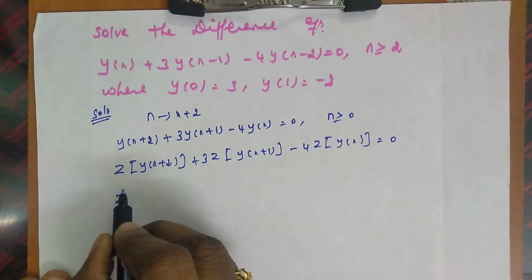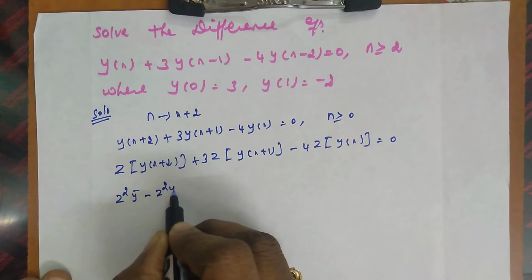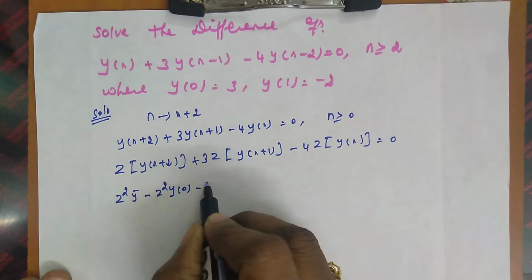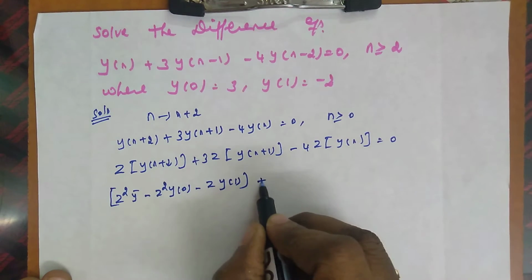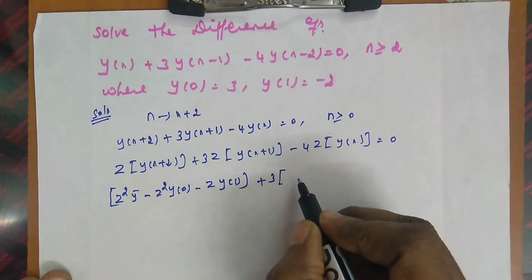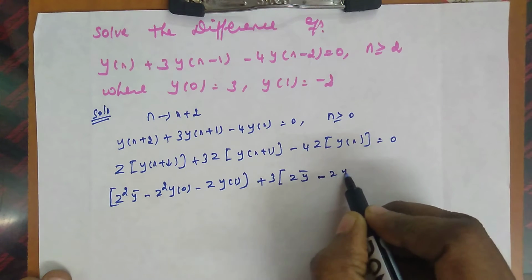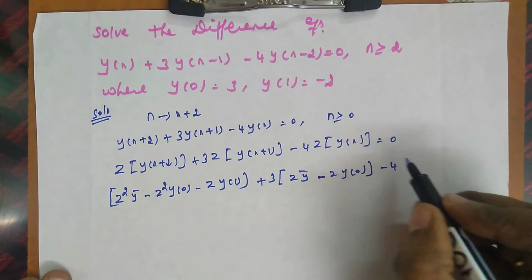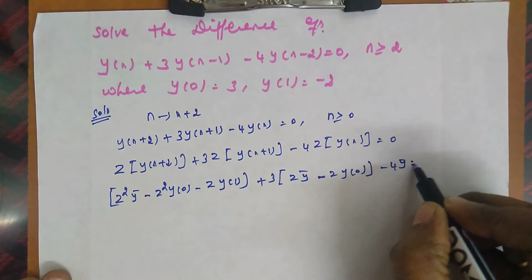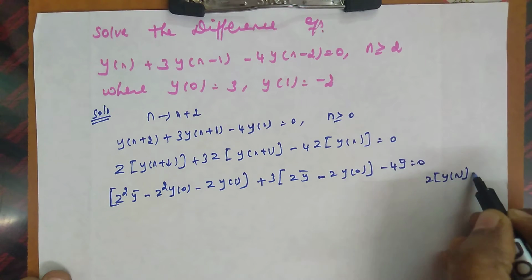So what is the result? z square y bar minus z square y of 0 minus z y of 1 plus 3 into z y bar minus z y of 0 minus 4 y bar equals 0, where z of y of n equals y bar.